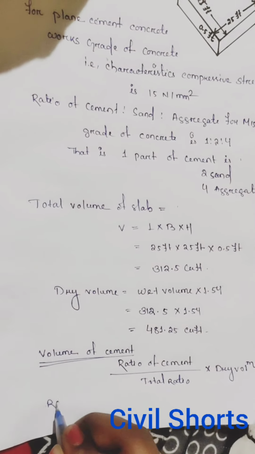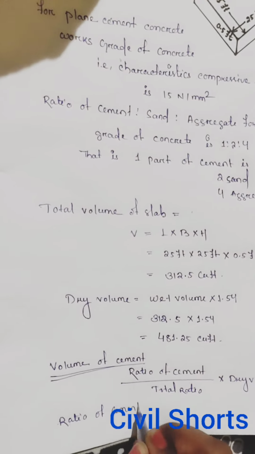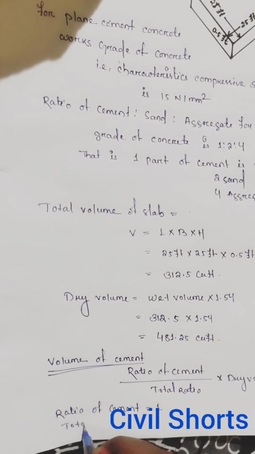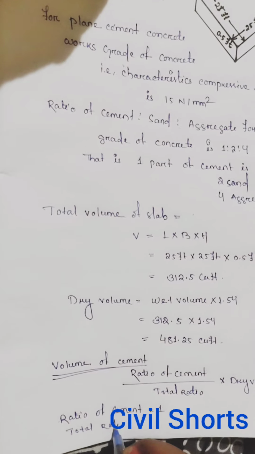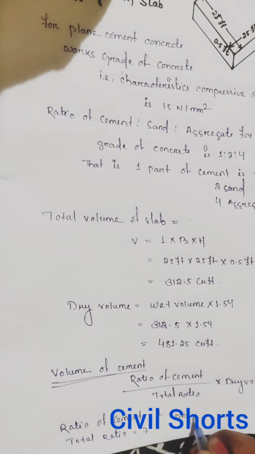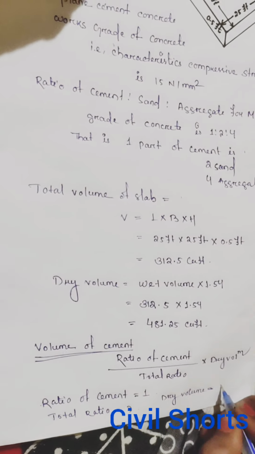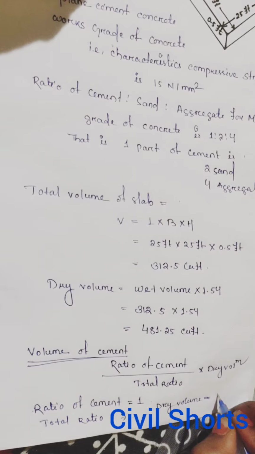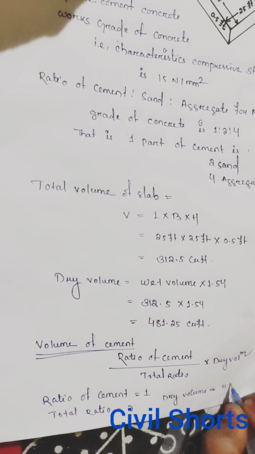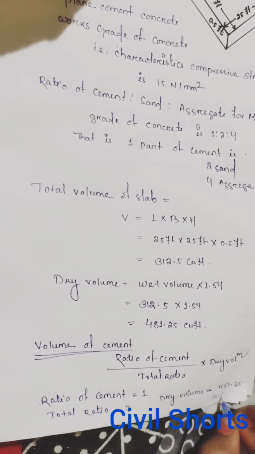Here the ratio of cement is 1, total ratio 7, dry volume 481.25 cubic feet.